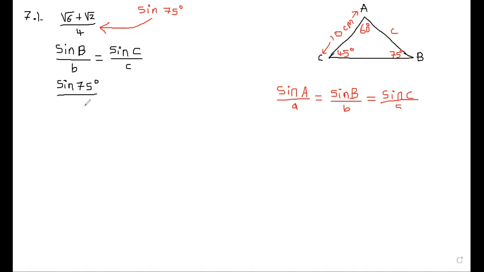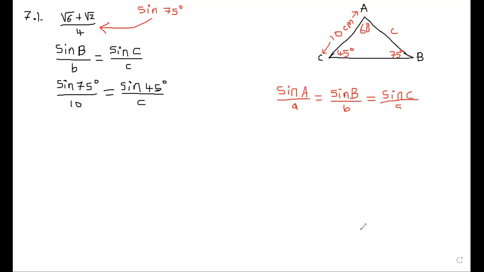Over side b, which is 10 centimeters. Sine of angle C. What is the angle C? It's 45 degrees, over c. So we don't know the value of c.